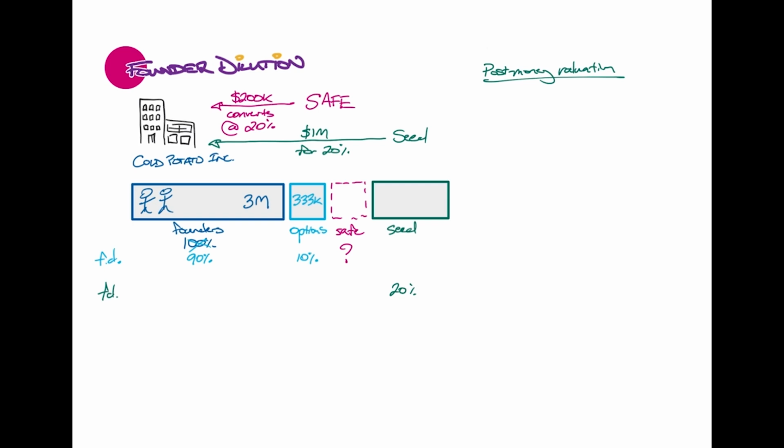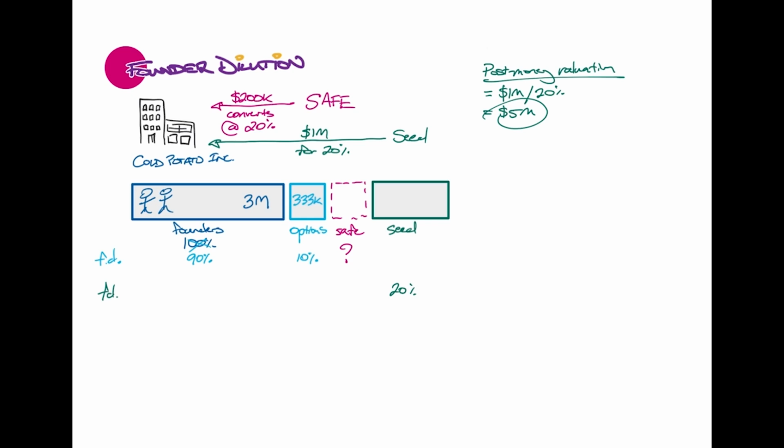In this case, the post-money valuation will be calculated by taking the $1 million invested by the VC fund and dividing that by the 20% that the VC fund will own after the investment has closed, and we end up with $5 million. So after this investment round, Cold Potato will be worth $5 million.